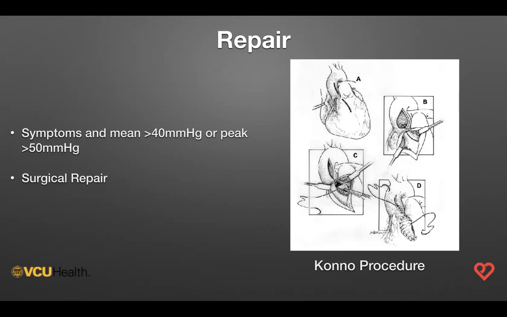There is a procedure, and I just want you to understand the word Konno because that may come up in a question, and you just have to understand that it's associated with LV outflow tract obstruction. I've put a picture here, but basically you're making a cut through the aorta, through the RV infundibulum. You expose the anterior septum, also known as the conal septum, and you have enlargement of this conal septum with resection of that subaortic membrane.